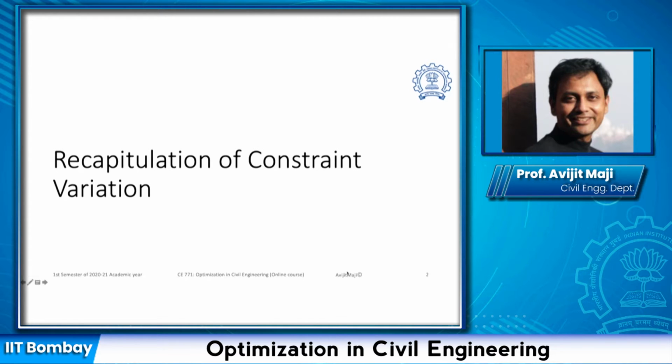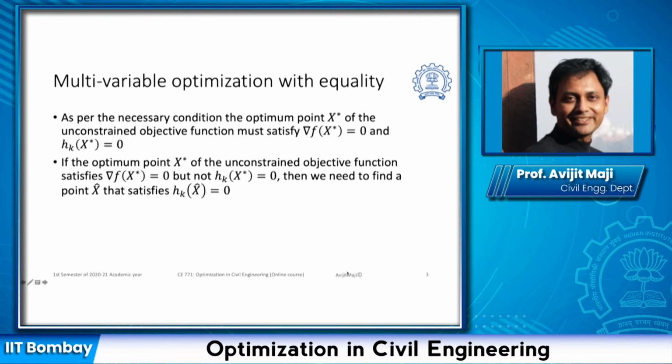We'll start the Lagrange multiplier method by recapitulating the constraint variation method, as some of the facts and derivations are an extension of it.